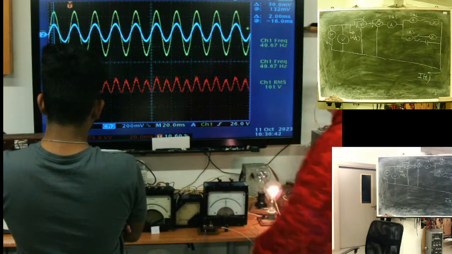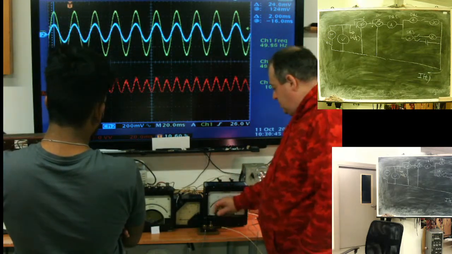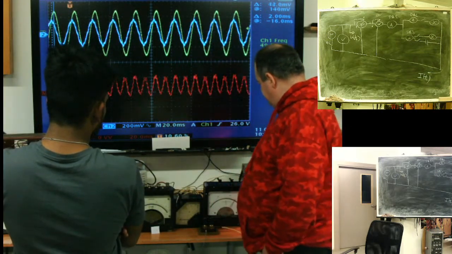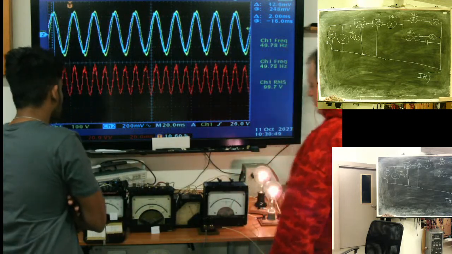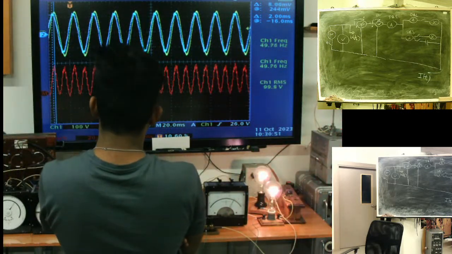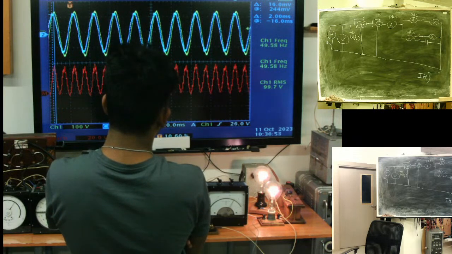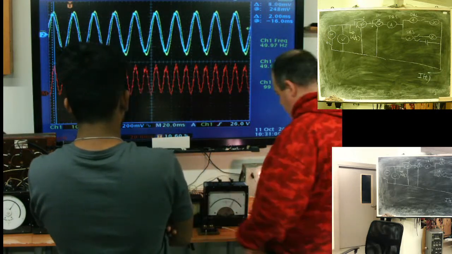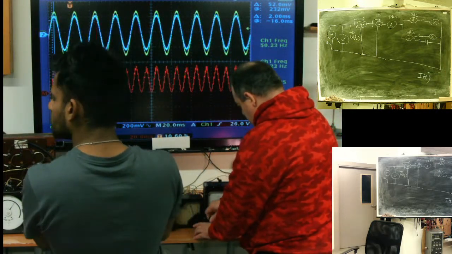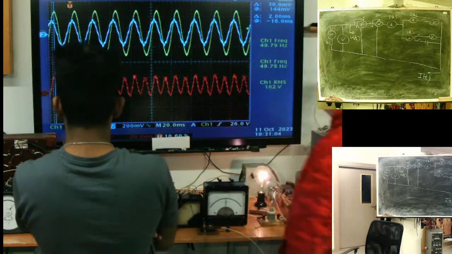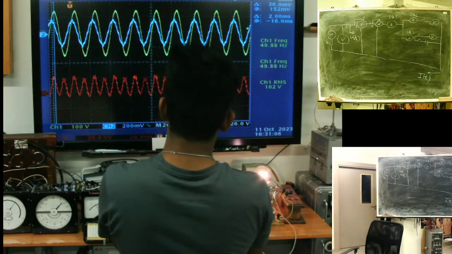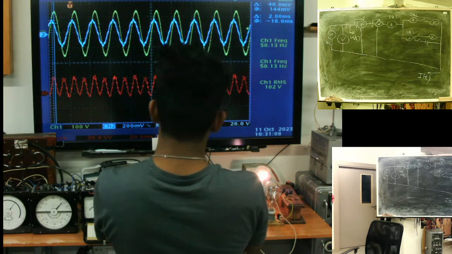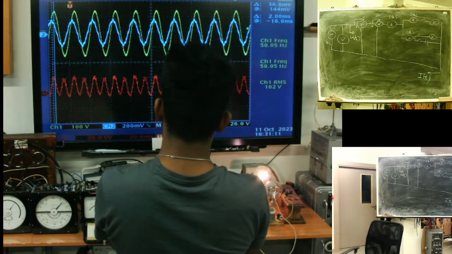At this moment, two active and one capacitor. The same situation. This angular shift. Why? What happens?